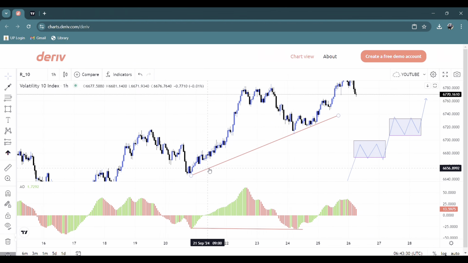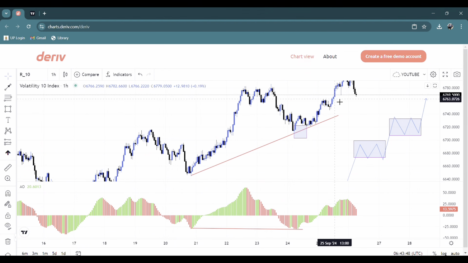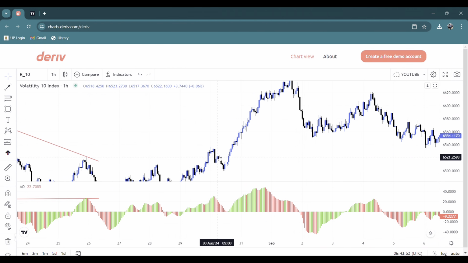So as you can see here, first example, the price is making higher highs, it's in an uptrend. So the continuation pattern right here, you see it's a continuation pattern right here. The awesome oscillator is making lower lows, as you can see, making lower lows, while this is making higher highs. Therefore you have your hidden divergence.